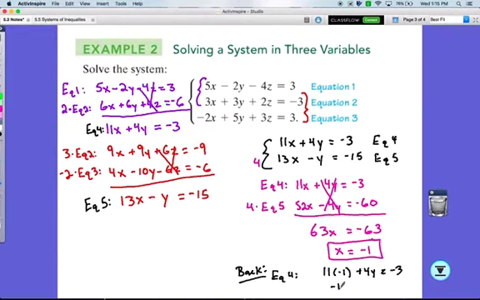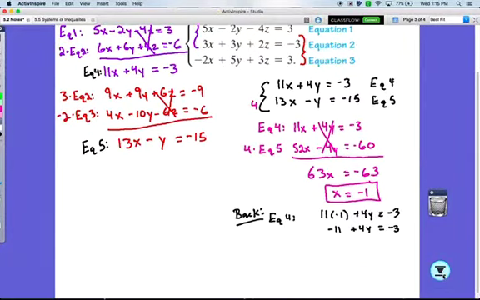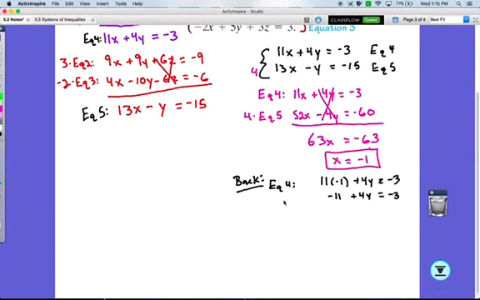All right, so negative 11 plus 4y is equal to negative 3. All right, if I add the 11 over, this gives me 4y is equal to a positive 8. I divide by 4 and y is equal to 2.